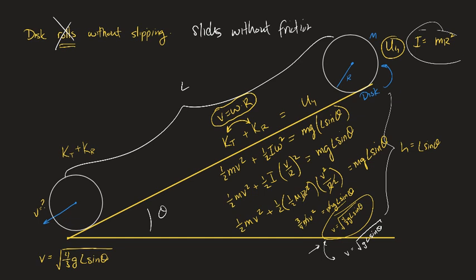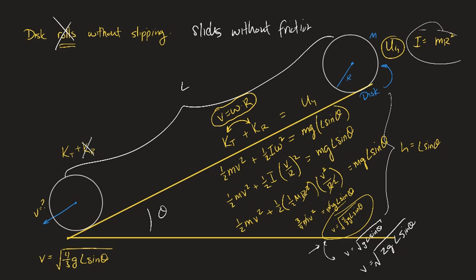If it slides without friction, there is no using the kinetic energy for rotation because there's no change in its rotational rate. It just slides to the bottom. You should prove how fast it's going under those circumstances. And it shouldn't surprise you that you're going to get the square root of 2GL sine theta. So it's faster still.